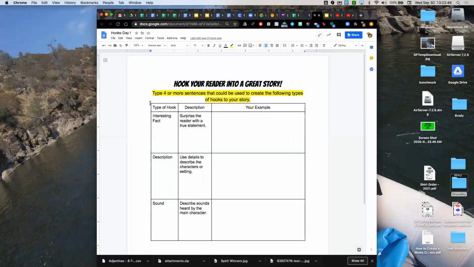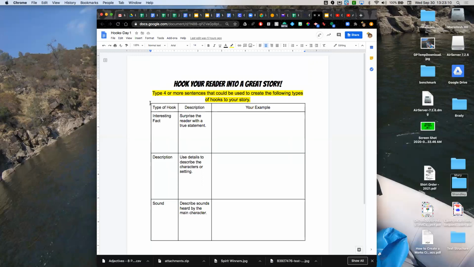They had, let me see, 1, 2, 3, 4, they had 5 sentences in there. So when you do yours, I put down 4 or more sentences. So you should have 4 or more sentences creating a hook for your story mountain using an interesting fact.